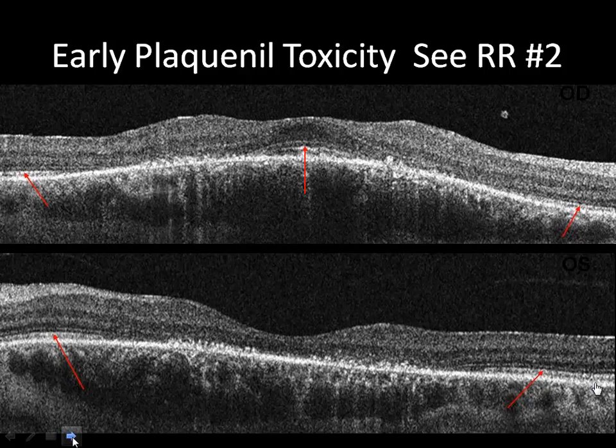It turns out that spectral domain OCT is very useful to show early abnormalities at the level of the retinal pigment epithelium and photoreceptors. By the way, you might remember that Plaquenil gives us a bullseye, so this is one slice, but the tissue that's most abnormal is right over here and right over here. And if you did that in 360 degrees, you would be able to visualize bullseye presence.